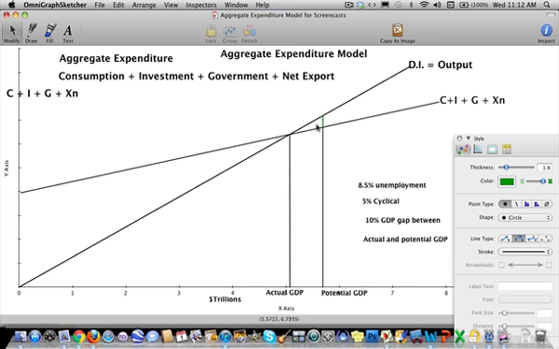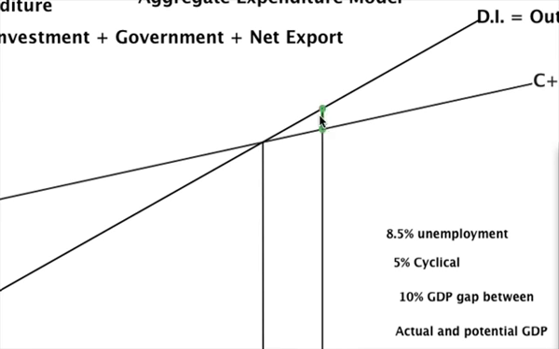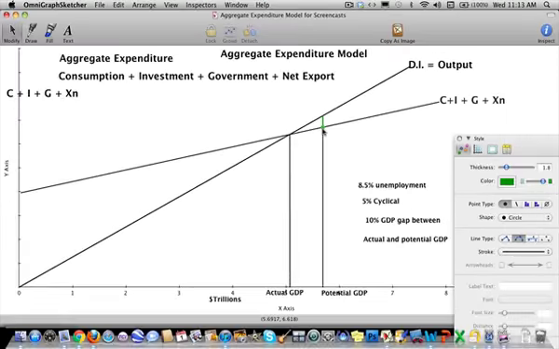And the way we express that is through this recessionary gap, which is the vertical distance from here to here, between the level of consumption that we actually have at potential GDP and the level of consumption that we should have in order to reach potential GDP. So here we have deficient spending. There isn't enough spending in the economy to get us to potential GDP.